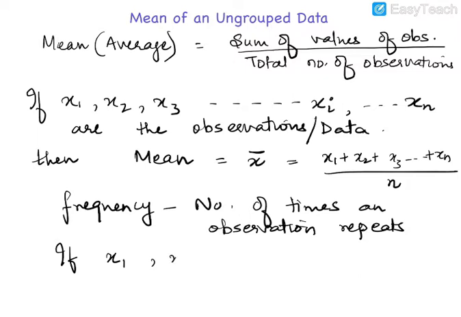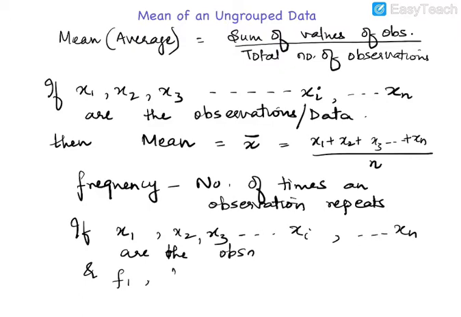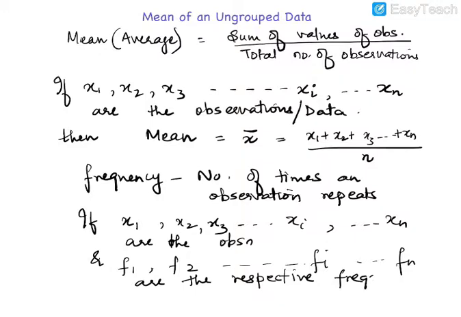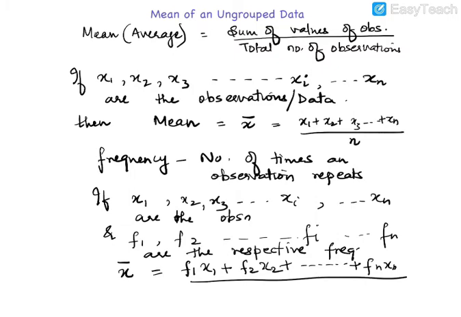That is, if x1, x2, x3, xn are the observations and f1, f2, fi, fn are the respective frequencies, then the mean will be given by f1 x1 plus f2 x2 and so on, plus fn xn, whole divided by f1 plus f2 plus f3 plus fn.